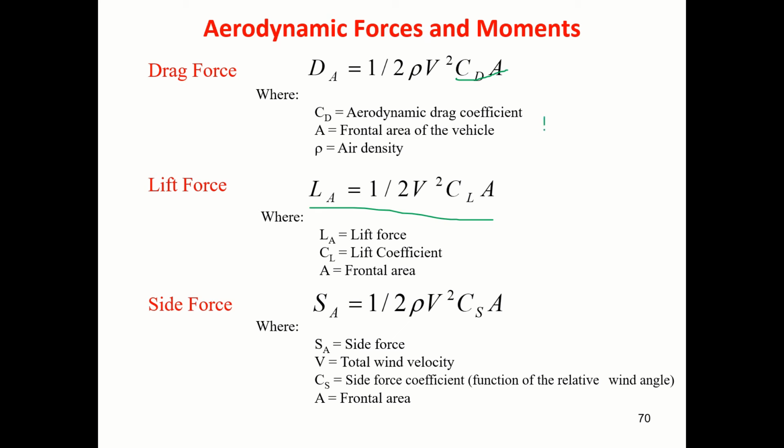See, suppose P1 is the pressure on the front. Say two sections you can take. P1 by rho plus V1 squared by 2 plus Z1 is equal to P2 by rho plus V2 squared by 2 plus Z2. It is an incompressible fluid I am talking about, at low speed. So you take your vehicle like this.